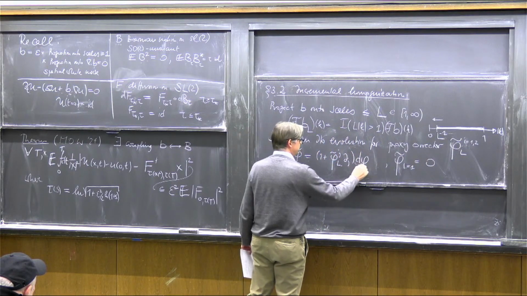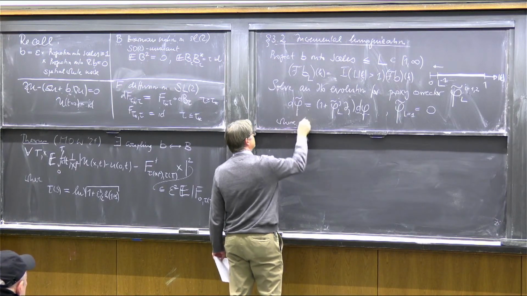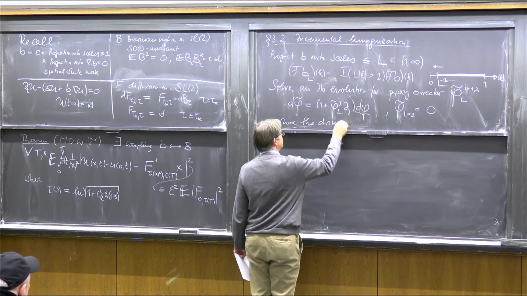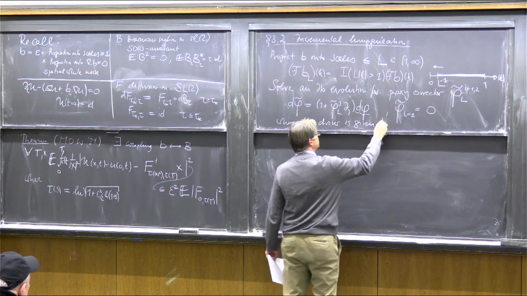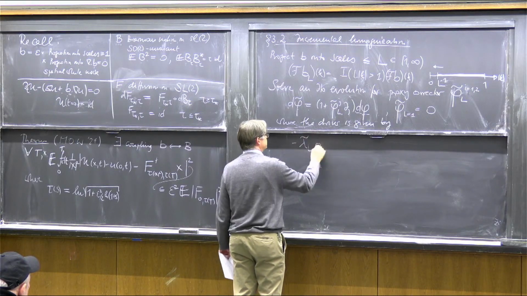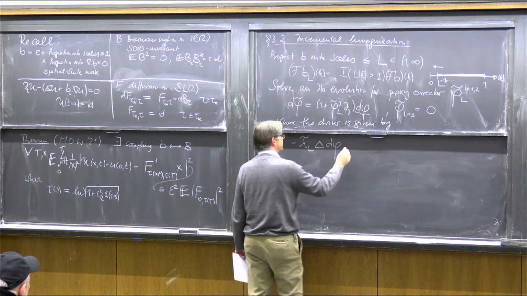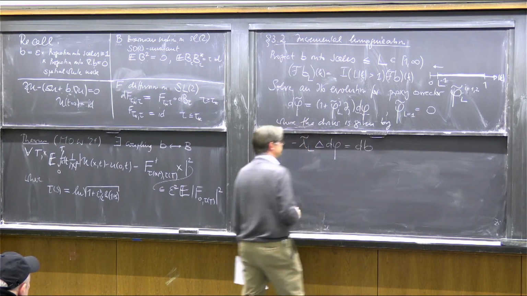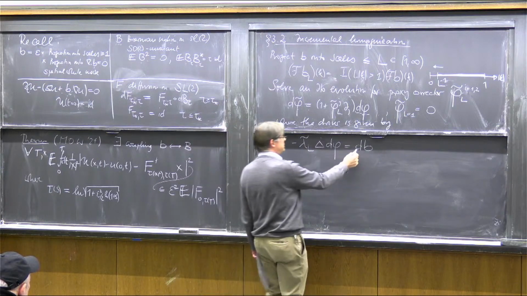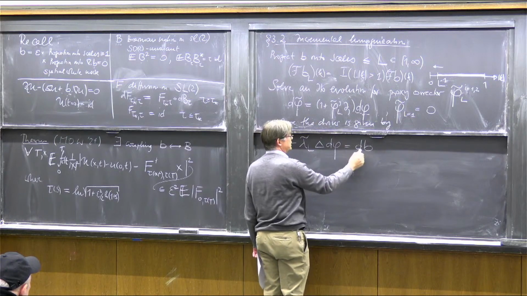And this driver is given by minus lambda L tilde times the Laplacian of d phi is equal to dB. And dB is the L derivative, so that's the stochastic analysis way of writing the L derivative of B_L with respect to the cutoff.